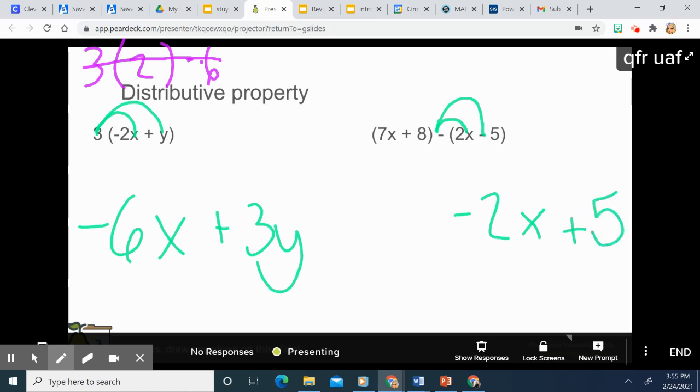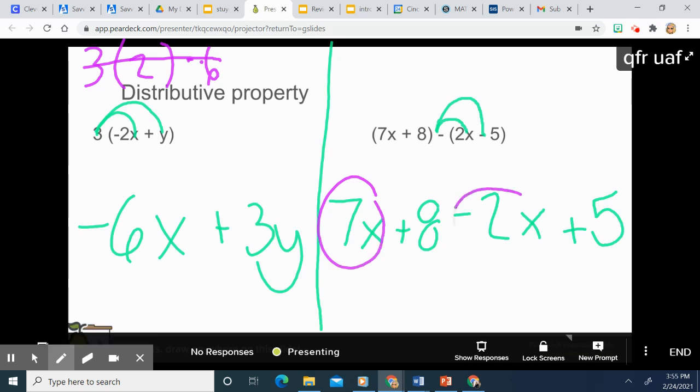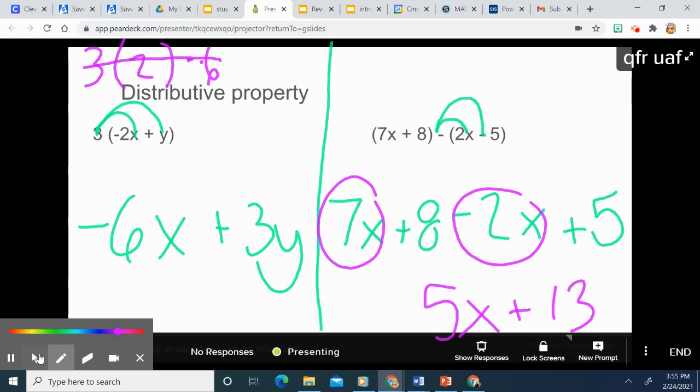So it's a positive 5. And then I just have this 7x plus 8. Now, again, there seems to be a theme, right, of combining like terms. 7x minus 2x is 5x, and then I have these plain old constants. 8 plus 5 is 13. So I get 5x plus 13. So hopefully you got that.